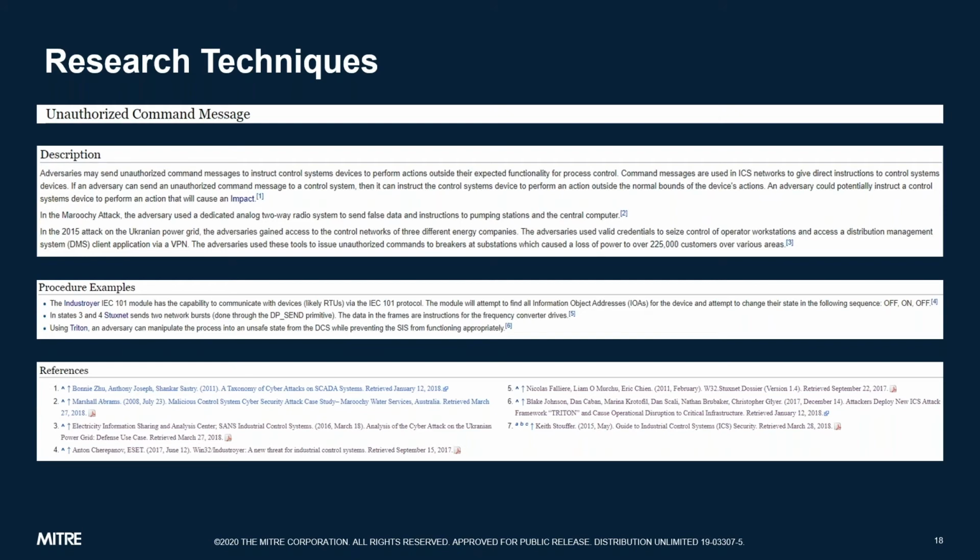So there's at least 5 different instances of unauthorized command messages being used across various communication mediums right here in this particular description. So you have radio, you have traditional Ethernet communications, and you also have serial communications, which have been used. So this is all very important to research and think about when you're thinking about which particular command or which particular technique you want to execute.